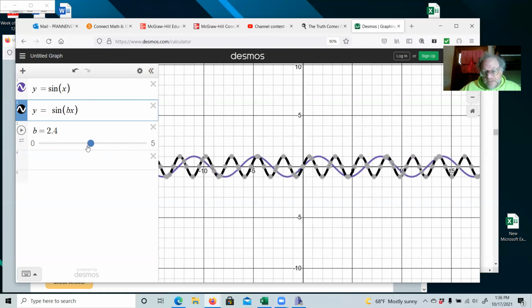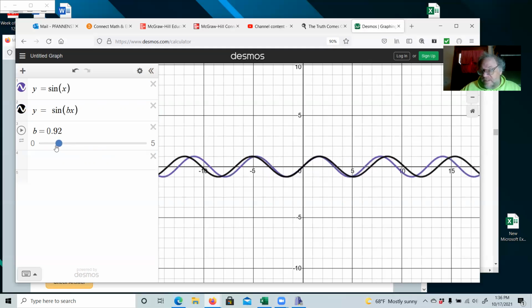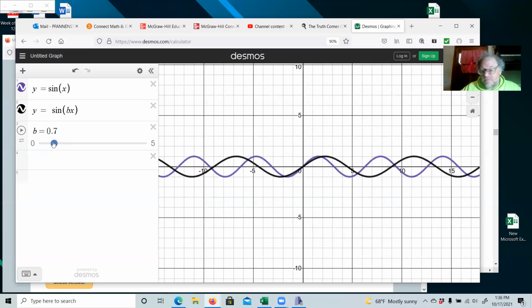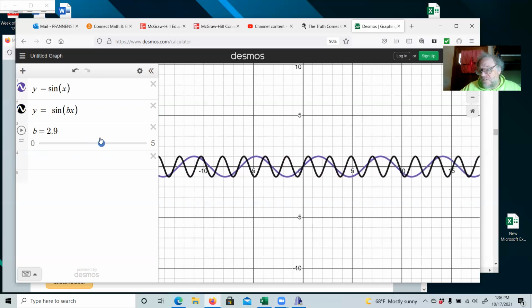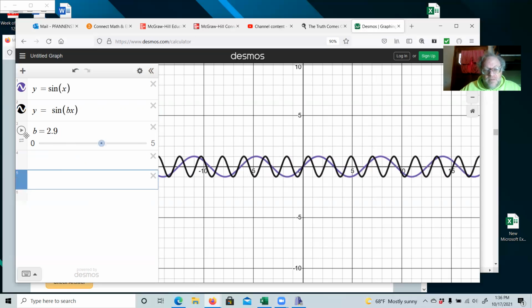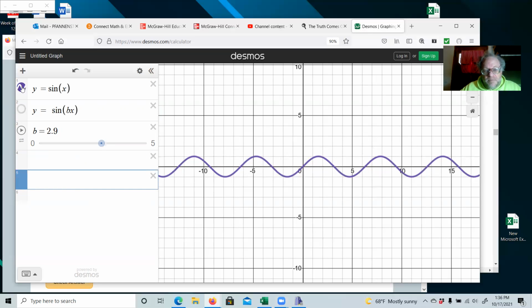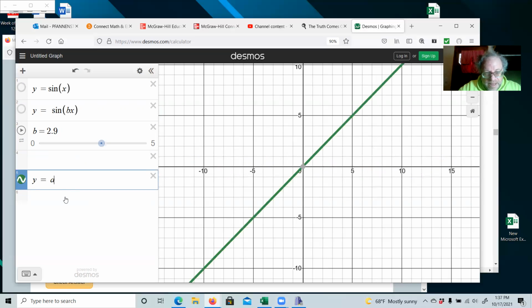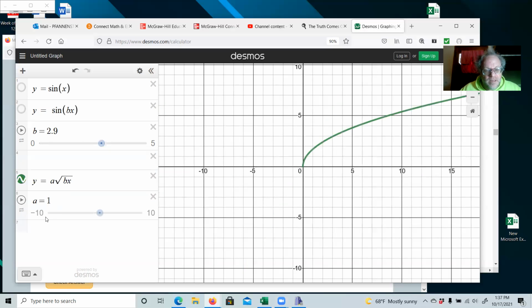It's a little bit different with polynomials. With polynomials, it was hard to tell. With trig functions, there is a definite difference: horizontal stuff stays as horizontal stuff, and vertical stuff stays as vertical stuff. If you remember back in college algebra, we did something like y equals a square root of bx. Look what happens with b.